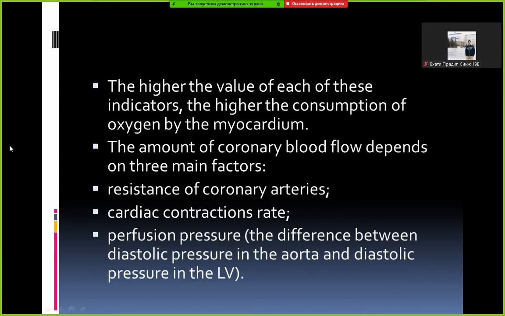The higher the value of each of these indicators, the higher the consumption of oxygen by the myocardium. The amount of coronary blood flow depends on three main factors: resistance of coronary arteries, cardiac contractions rate, perfusion pressure, the difference between diastolic pressure in the aorta and diastolic pressure in the left ventricle.